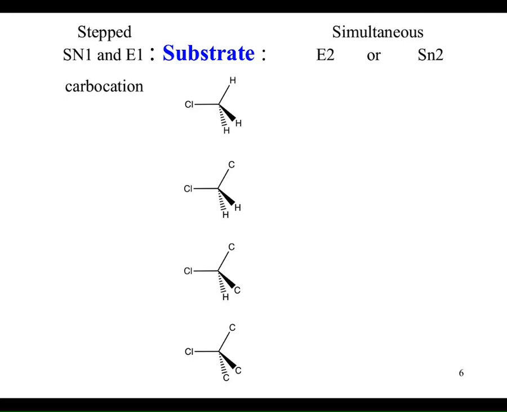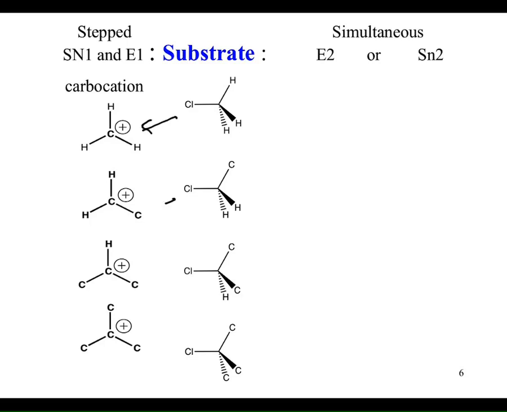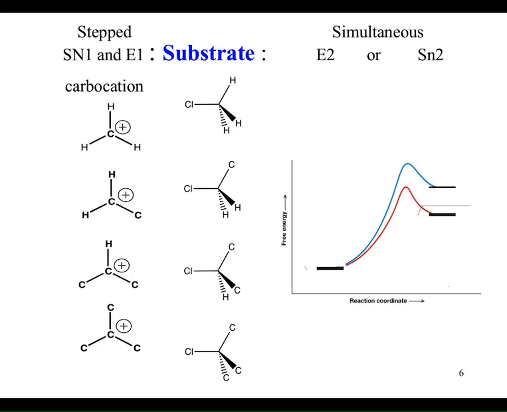Both the SN1 and the E1 form carbocations, which means when we're looking at a substrate effect for these mechanisms, we should be thinking about the carbocations that get formed from each of these individual substrates. Okay? Well, how does this end up affecting how our reaction occurs? Well, to do that, we would need to look at an energy diagram. And if we keep our focus on the blue one for the moment, all we're showing is the very first step.